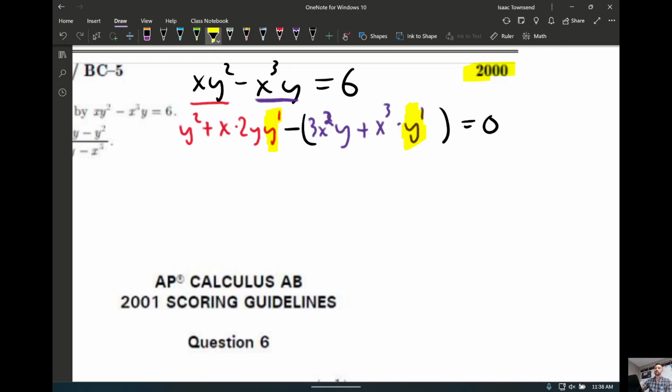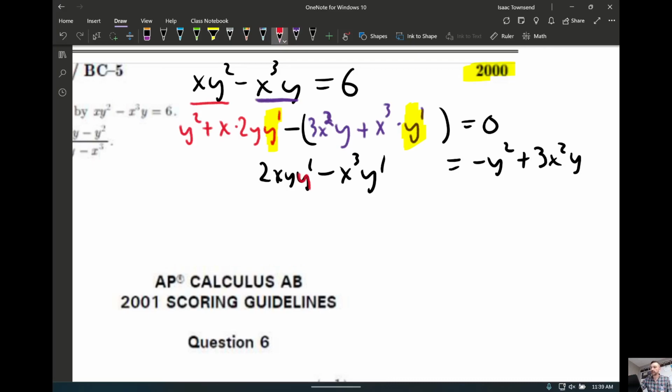Now, before I even look at the answer, if I have to do any simplifying at all, it's usually pretty formulaic, where anything that doesn't have a y prime needs to be subtracted over to the other side. And if I distribute this, I would need to add him over. And then you can leave everything with a y prime on the left side.